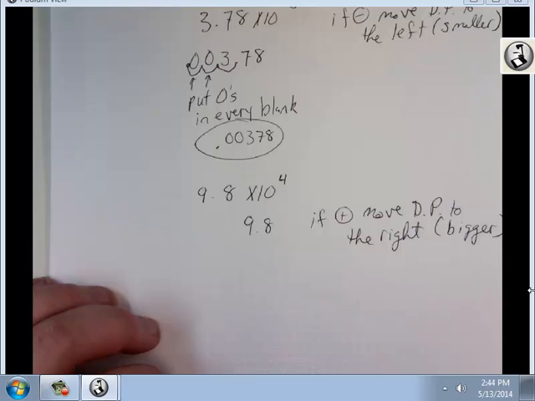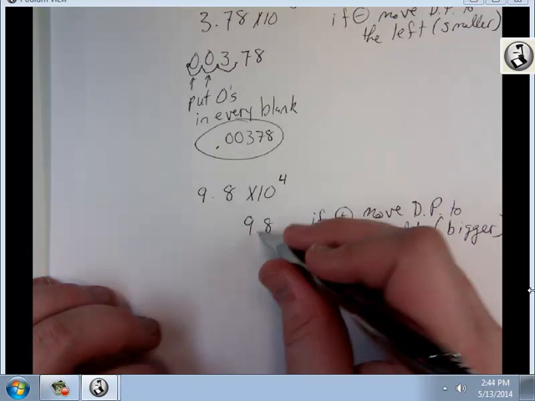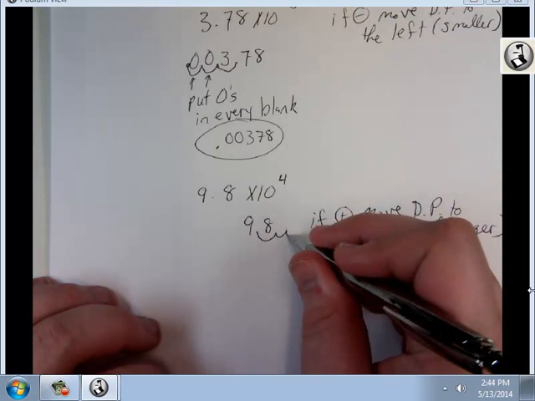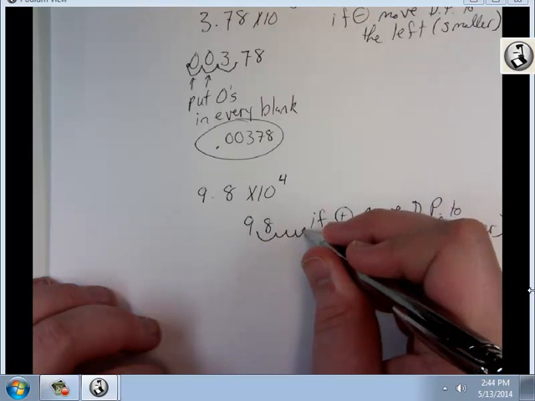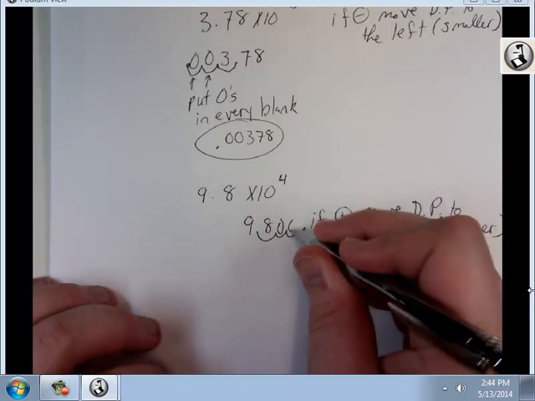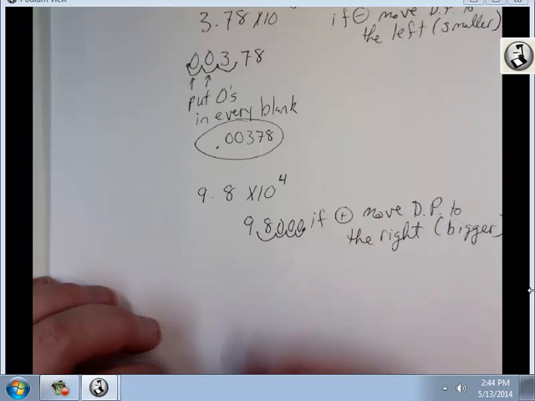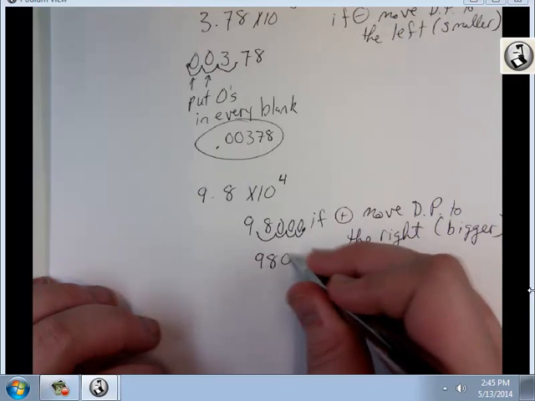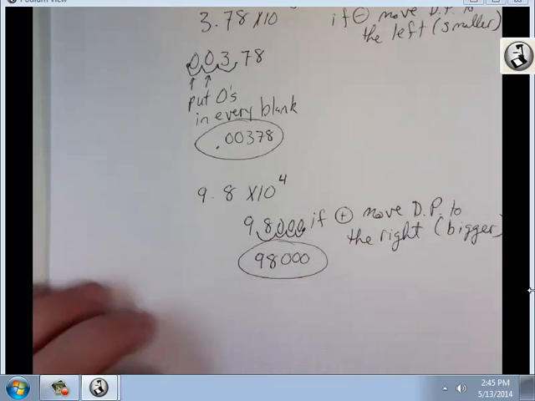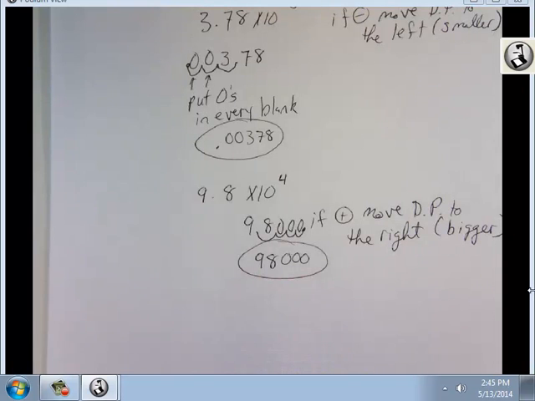So 1, 2, 3, 4. And in every blank, I'm going to put zeros. So I have 98,000. And that is scientific notation.